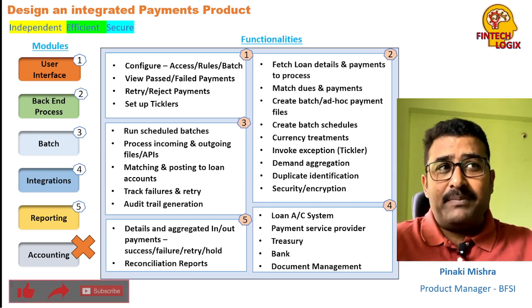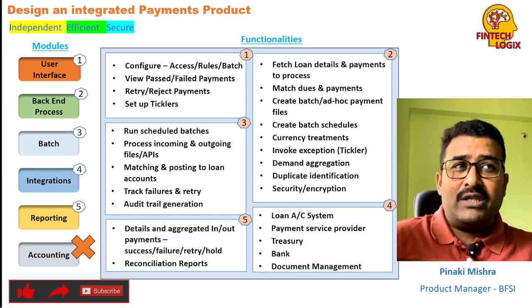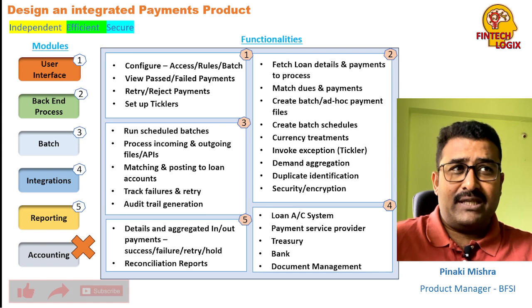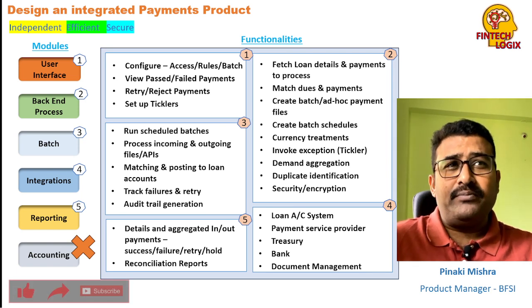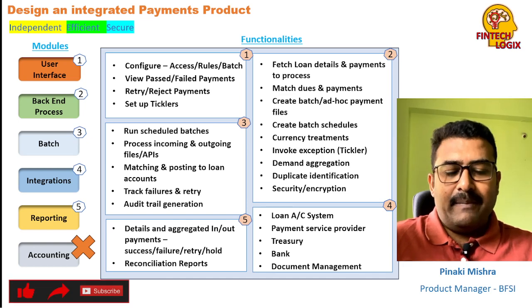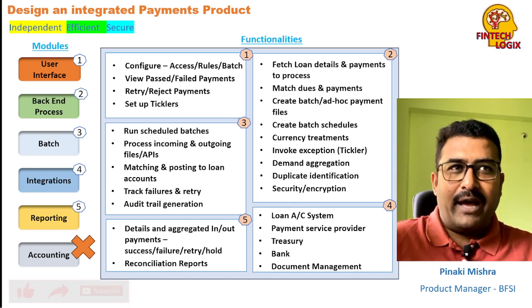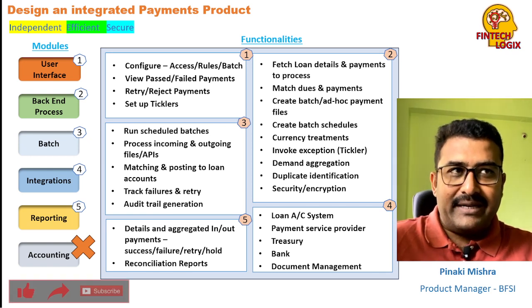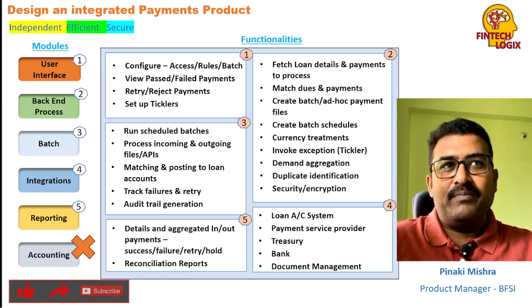When the payment comes, matching of dues to the payments is also done by the backend process. Now it is automated: create batch or automated payment files based on the types of payment that you have, creating a batch schedule, how do we clear it, how do we take that file forward.